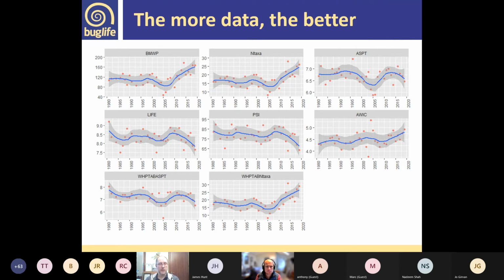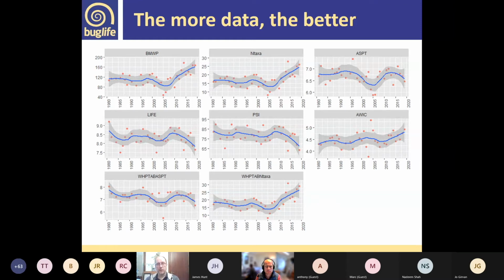BMWP is increasing and the WHPT score is increasing. We can see the LIFE score decreasing, and a knock-on effect that because the flow is perhaps reducing, there's a bit more sedimentation. The PSI score has decreased as well, and the AWIC score is going up, suggesting that there's an increase in pH in the river as well.